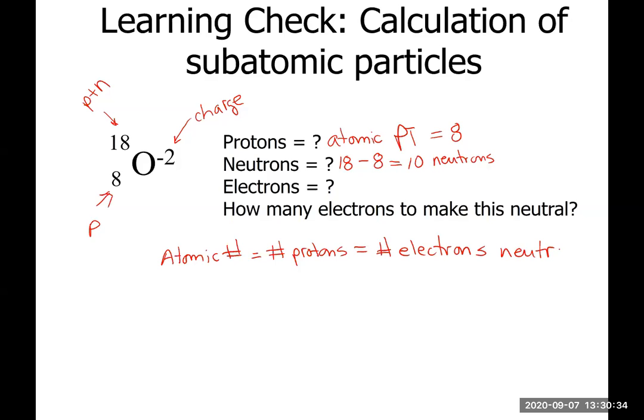So if we answered this question, that would be 8. But we have a -2 charge, which means literally that we have gained 2 electrons. So if 8 would make us neutral, and we've gained 2, that gives us a total now of 10 electrons.